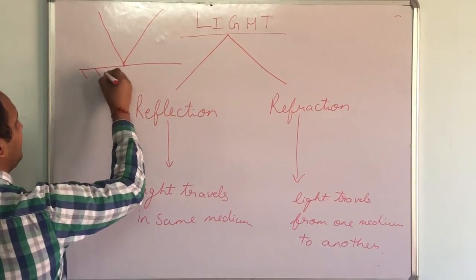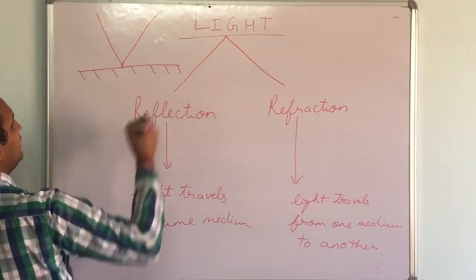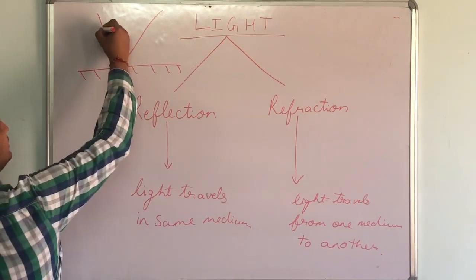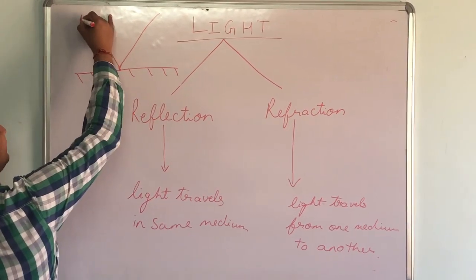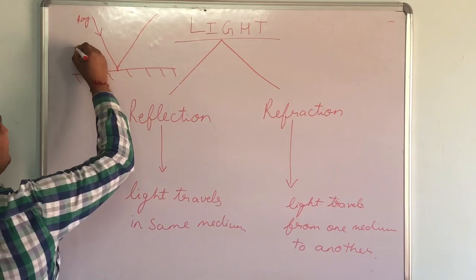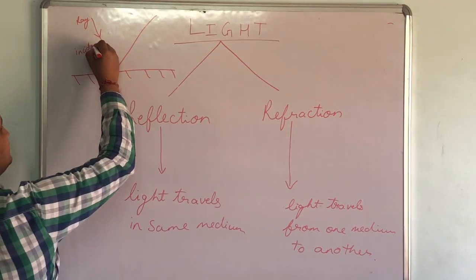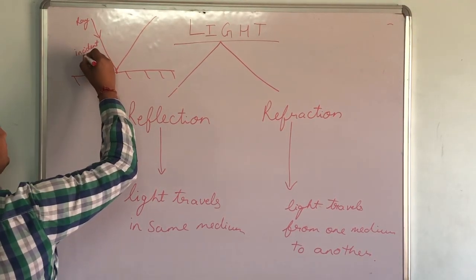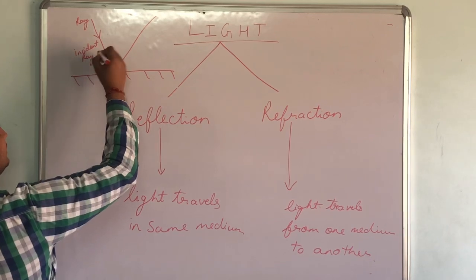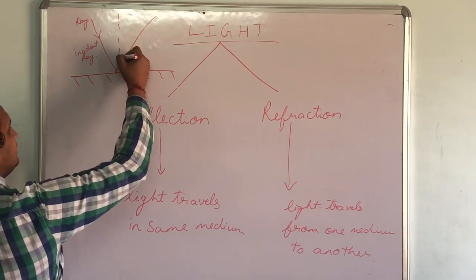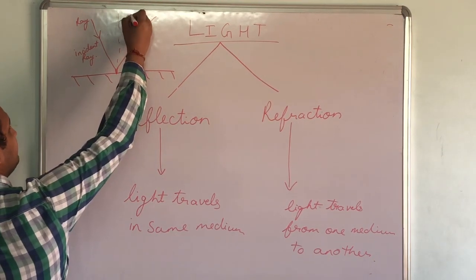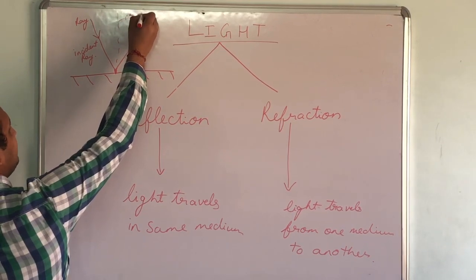Basically a plane surface. This is a ray of light, or we call it the incident ray. The normal ray is at an angle of 90 degrees.